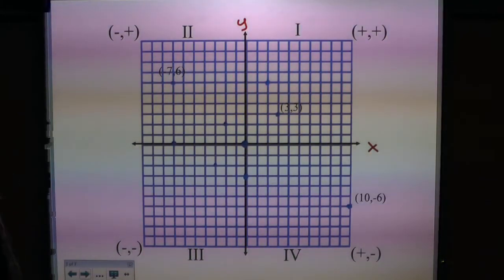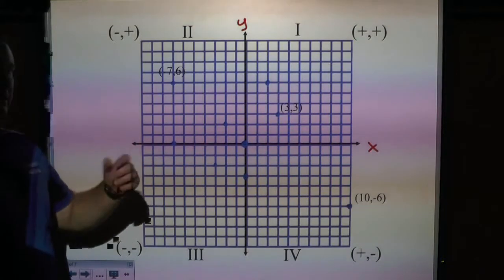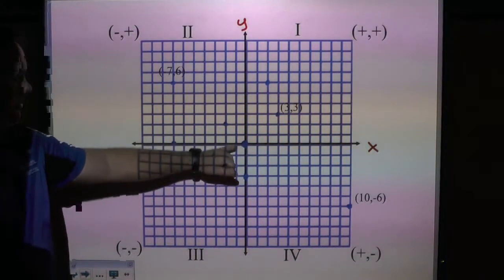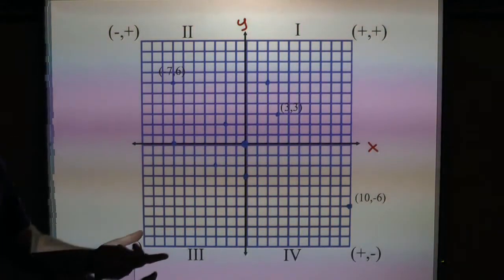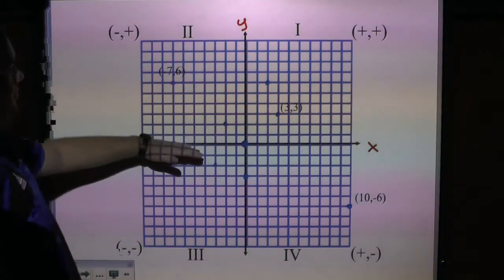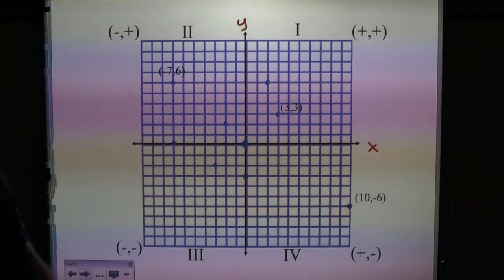So next, D. D is a little unique, and we want to talk about this one. Let's talk about the x-coordinate first. Starting at the origin, you go to the left, so you're going to have a negative number. You count over 7 units. So the x-coordinate is going to be a negative 7. But here's the thing. If you notice, for the y-coordinate, we neither go up nor do we go down. We're actually on the x-axis.